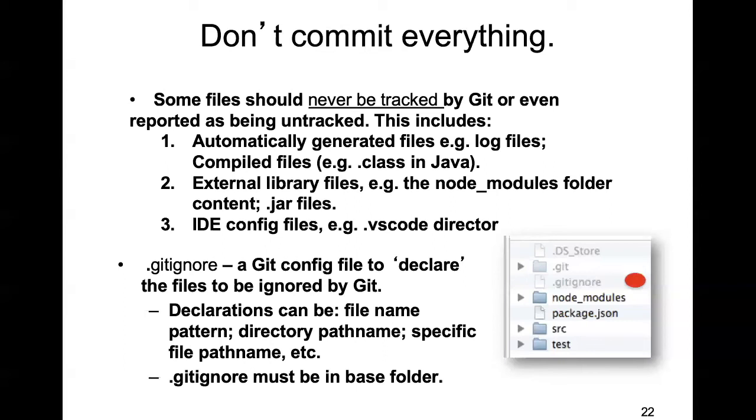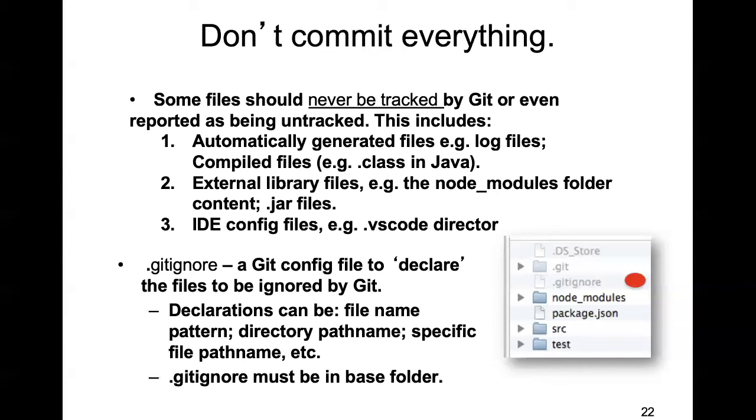Now, how do you tell Git to ignore certain parts of your working directory? You do it in a special file called the .gitignore file. It will express in a simple declarative way to Git what files and folders it should completely ignore.